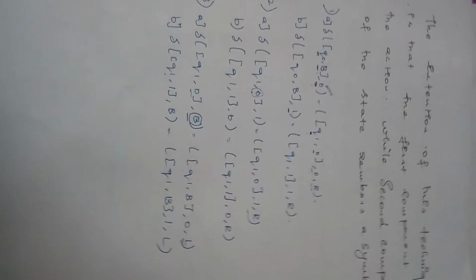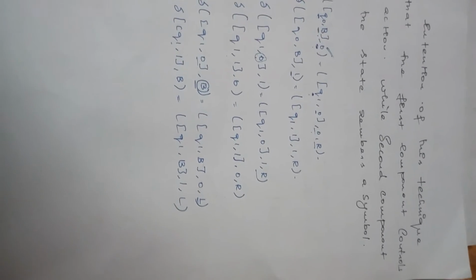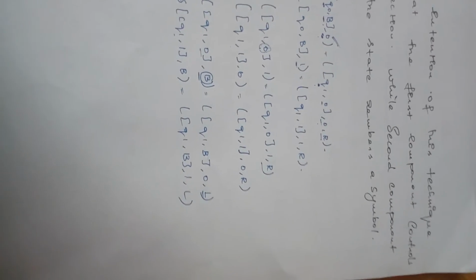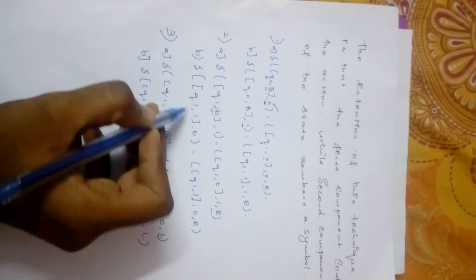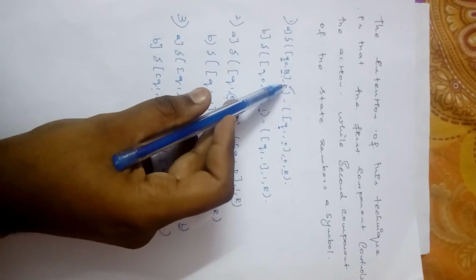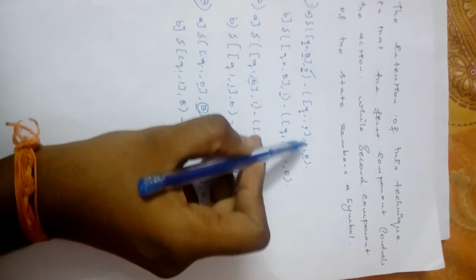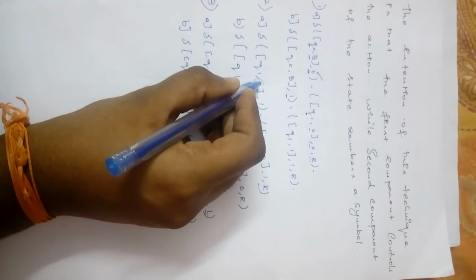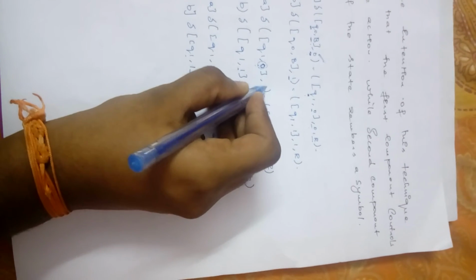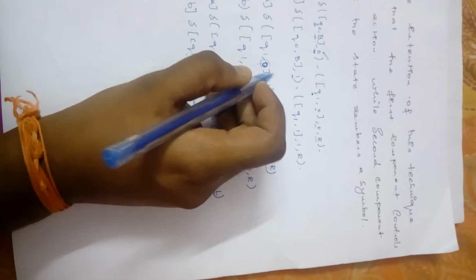And step 2 here is, as I said, that the intention of the problem is that whenever the same symbol appears again, it should not do any action, it should skip and move. That is, M has a 0 as stored and continues to move. That means if it sees 0 or 1 again, if initially we remember 0, and once again we read 1, 0 will be stored as such.